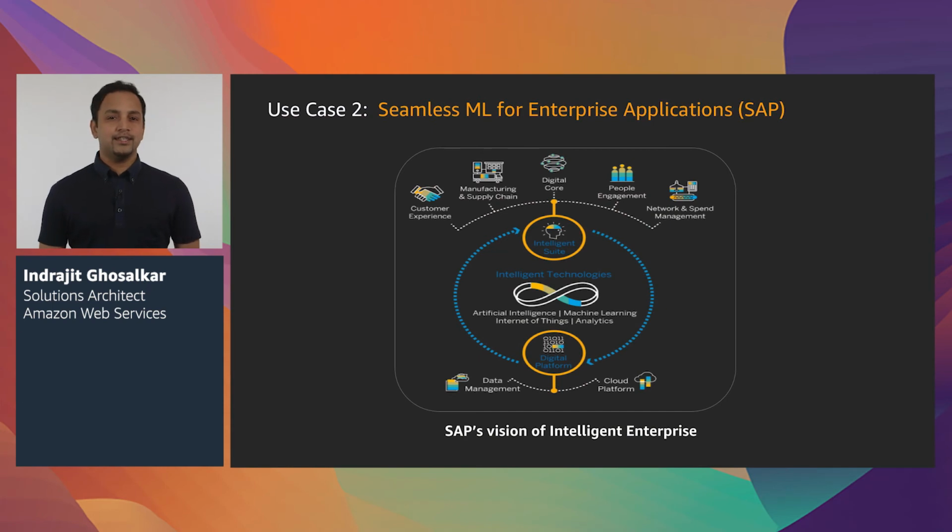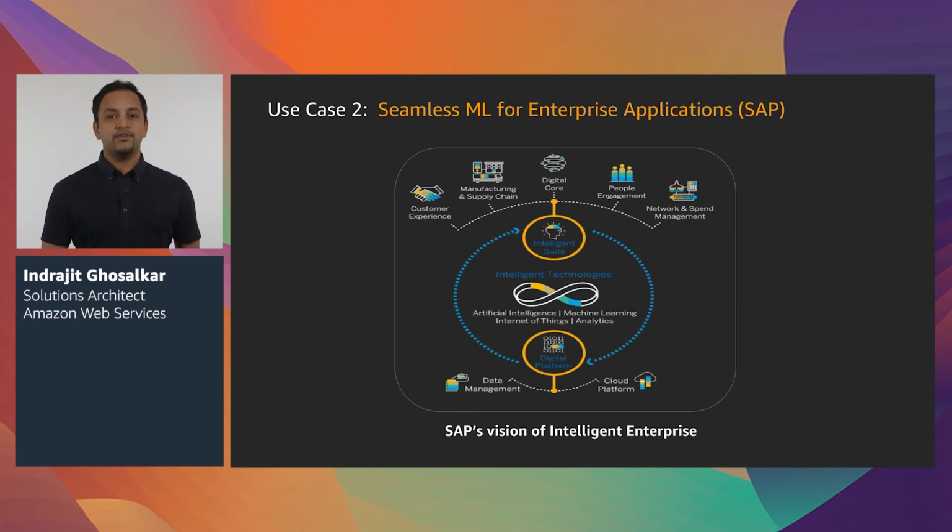Okay, let's understand the objective of my second use case. We know SAP, right? It is the global leader in enterprise applications and ERP space. AWS and SAP have over a decade experience serving customers together. Now, if you see SAP's vision of intelligent enterprise, it talks about enterprises that use latest technology to turn insight into actions across business.